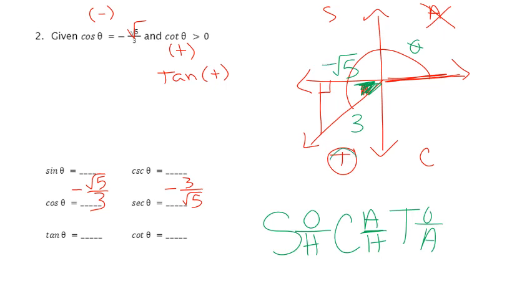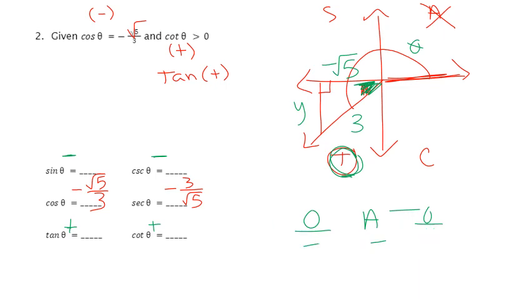So if it's in this quadrant, we know that tangent is positive. So these are both going to be positives. We also know in this quadrant, tangent's the only one that's positive. So we know sine's going to be negative. So if you want to put those signs in the beginning so we don't forget. And then we need to do Pythagorean theorem to get that other leg.